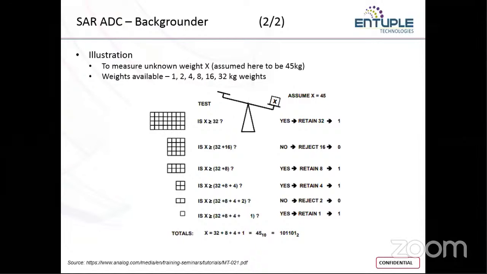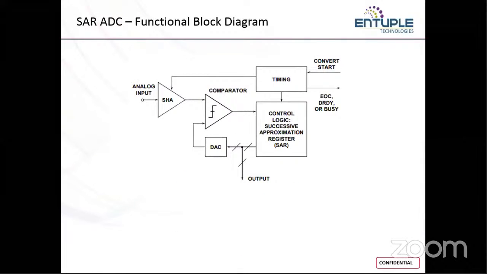Then we go for the basic functional block diagram, which has a sample and hold circuit, comparator, successive approximation register, and a digital-to-analog converter. Instead, we can use a sample and hold circuit that can be built using a MOSFET alone.